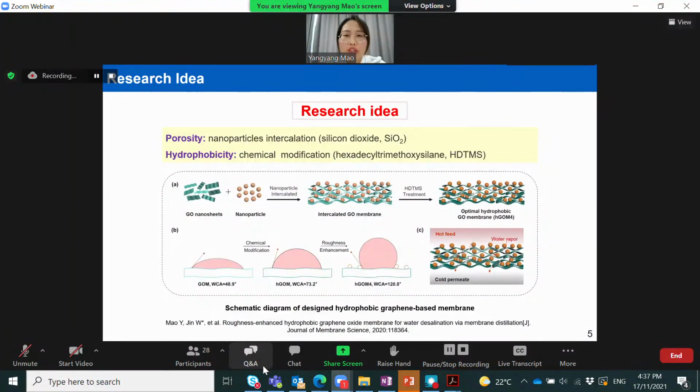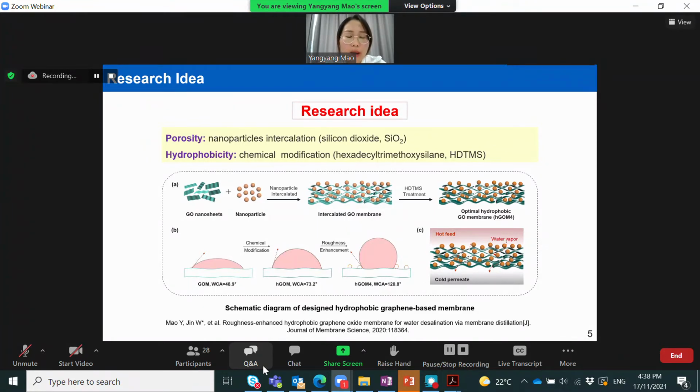So in my work, my research idea is that I chose nanoparticles to integrate with graphene oxide to improve the porosity of the membrane, and chose a hydrophobic modification to improve the hydrophobicity of the membrane. Concretely, look at the diagram.